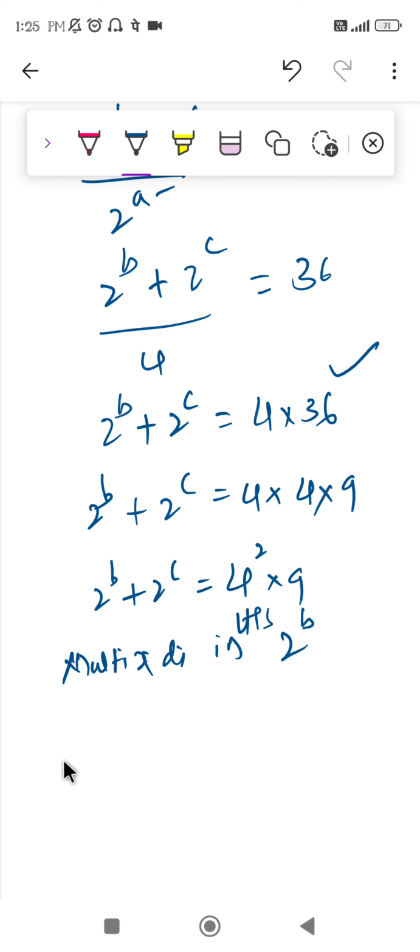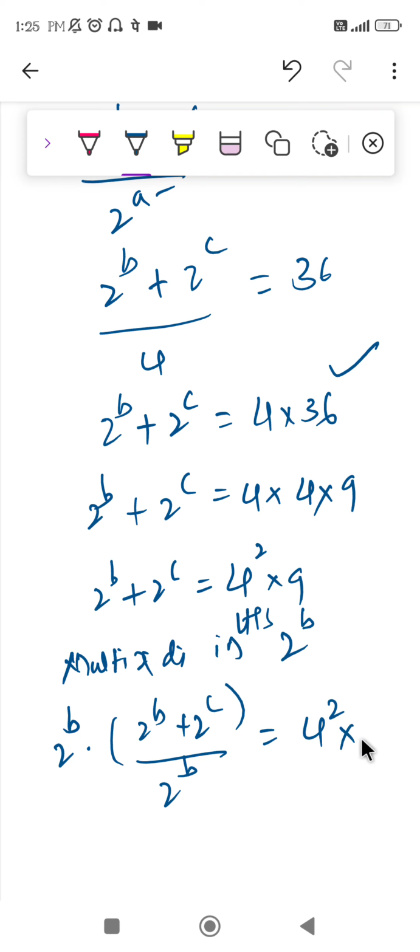Just like that, we are also doing here, multiplying and dividing LHS by 2 to the power of b. Therefore we can write here 2 to the power of b into 2 to the power of b plus 2 to the power of c divided by 2 to the power of b is equal to 4 square into 9.